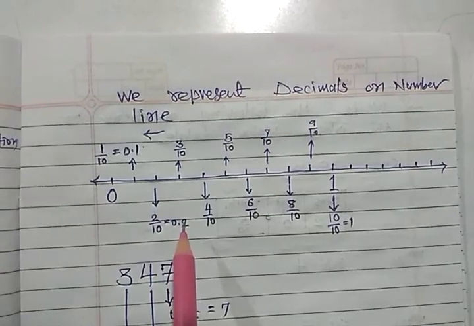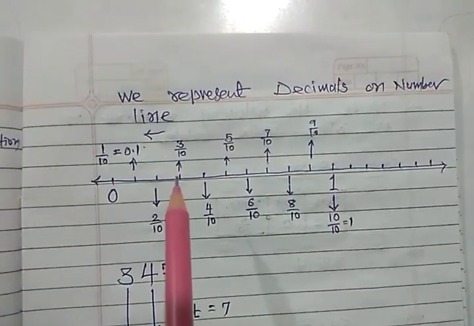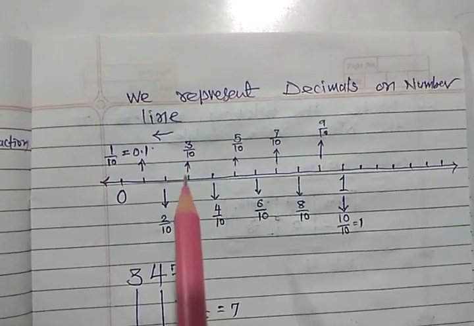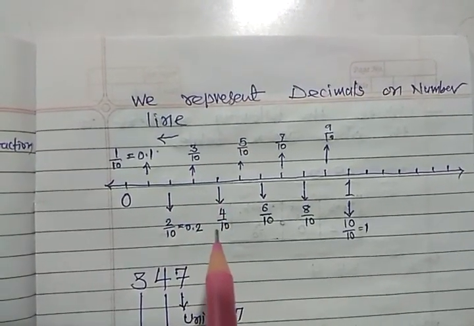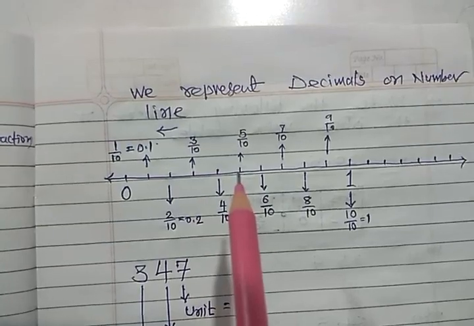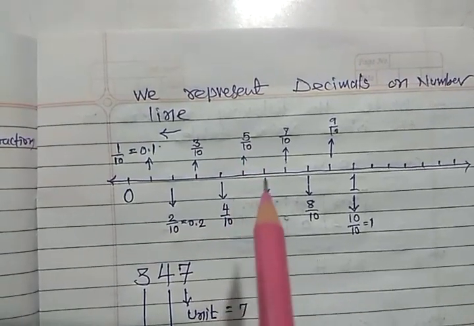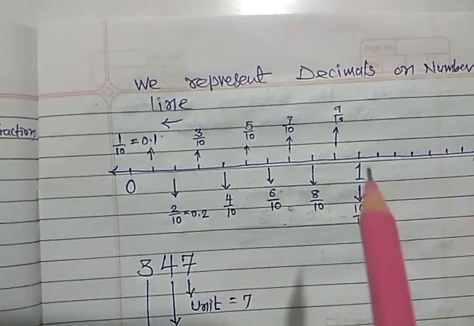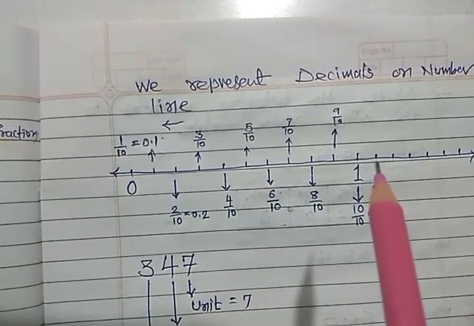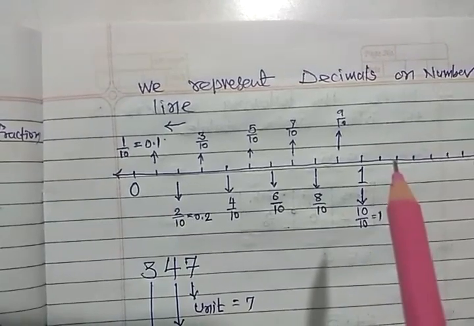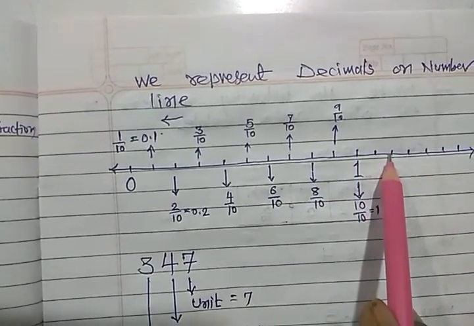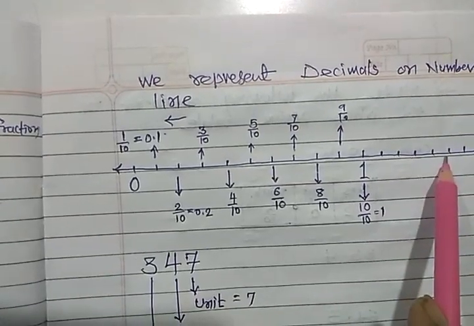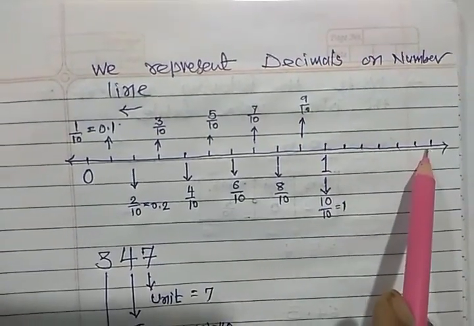Similarly here 0.2, 3 upon 10 is 0.3, 4 upon 10 is 0.4, 5 upon 10 is 0.5, 6 upon 10 is 0.6, like that. Then 1, then this is 1.1, 1.2, 1.3, 1.4, 1.5, 1.6, like that.